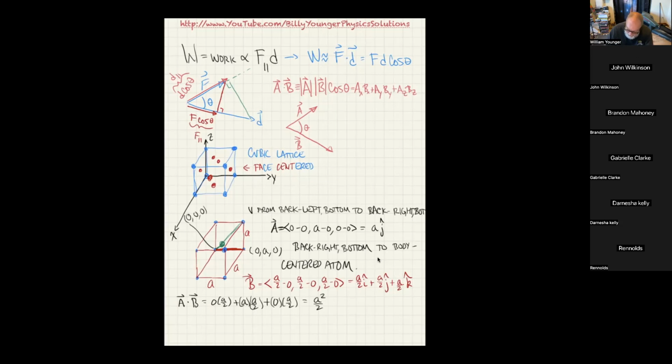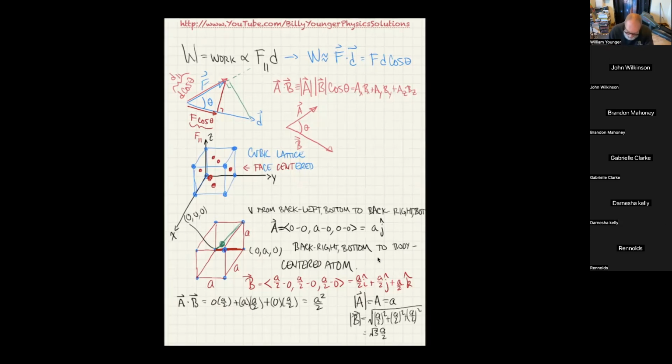I think you can tell that the magnitude of A, which is also just called A, is just plain A. And the magnitude of B is going to be the square root of a over 2 squared plus a over 2 squared plus a over 2 squared, which is basically the square root of 3 times a over 2.